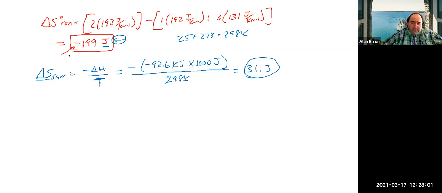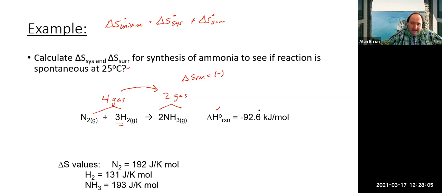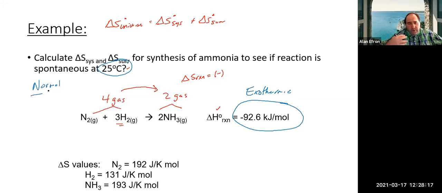Does this make sense? Well, let's think about what's going on in this reaction. It is definitely an exothermic reaction. This temperature is pretty much a normal temperature, which means that we would expect in this situation the system to be giving off that energy to the surroundings.